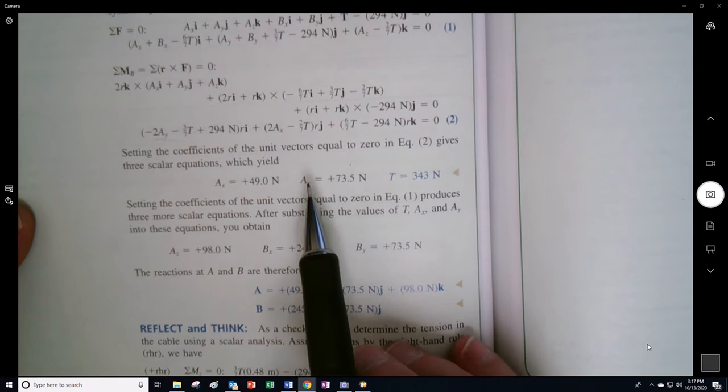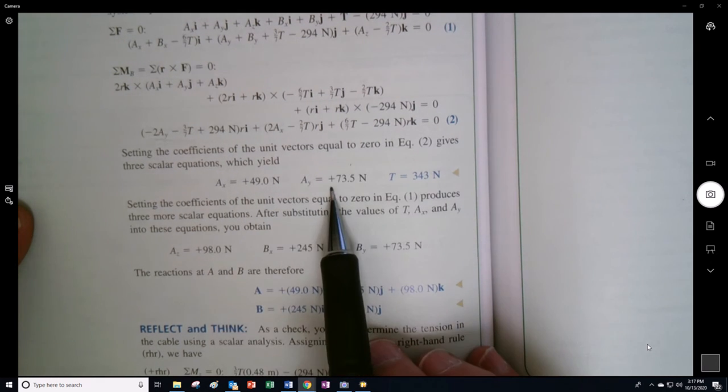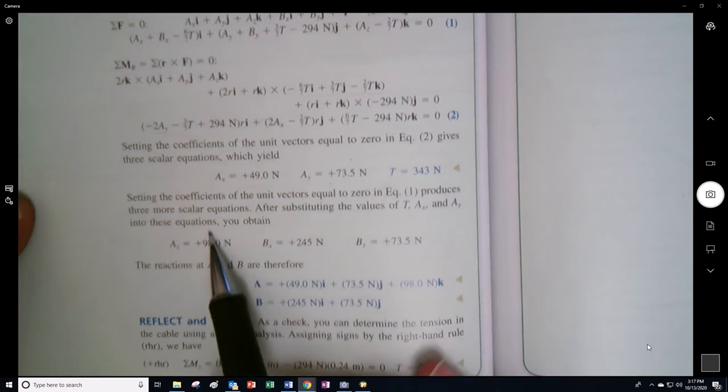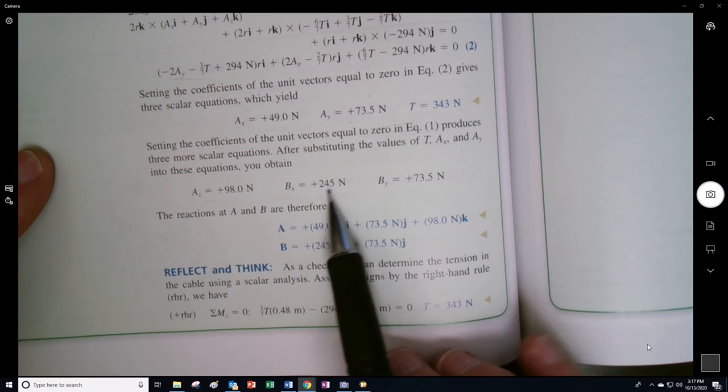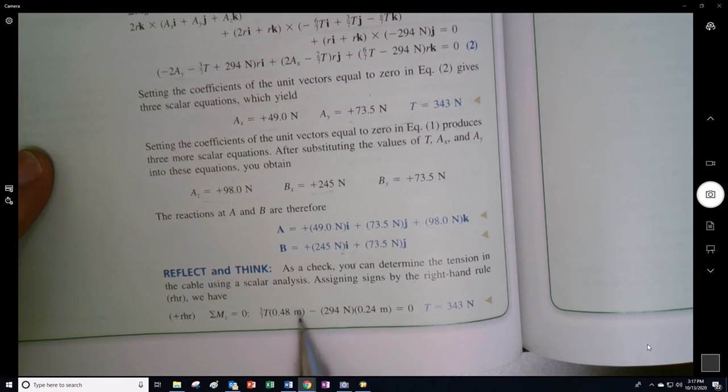I like to keep showing you the process because some of you aren't getting it. And then you can get what the reactions at A are going to be, and then get the Z and B, and you're getting the same values. And they tell you that they want you to reflect and think about it. But yeah, we are golden, right?